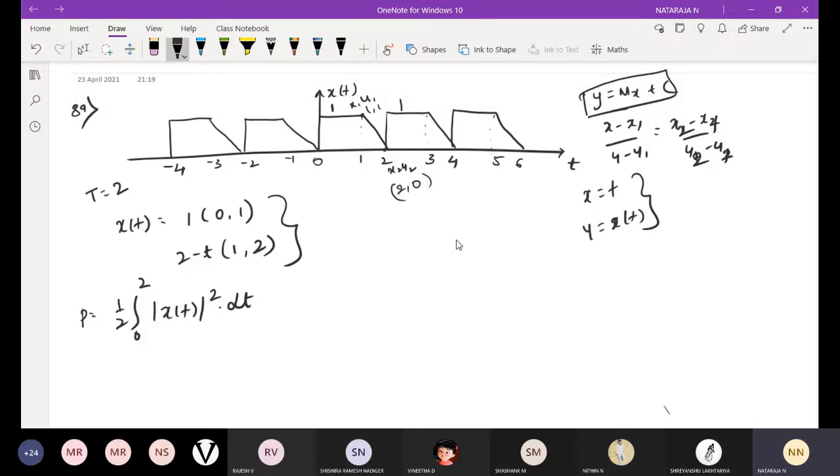Split that equation and solve. 2 minus t whole square is in the form of a minus b whole square. If you want, you can use the a minus b whole square formula, or else you can use integration. If you are going to integrate that, you will get 2 minus t whole cube by 3 into 1 by minus 1. Or else you can use the a minus b whole square formula.